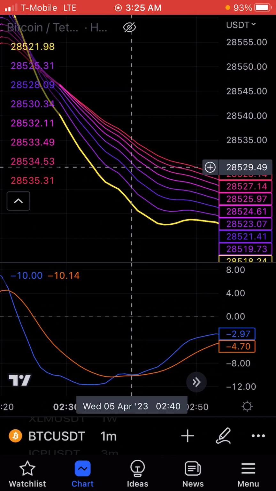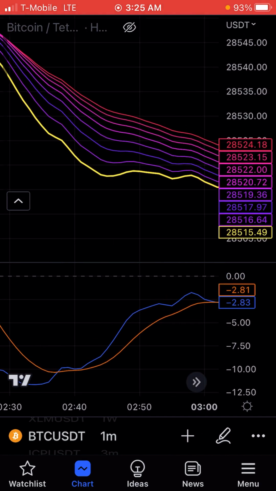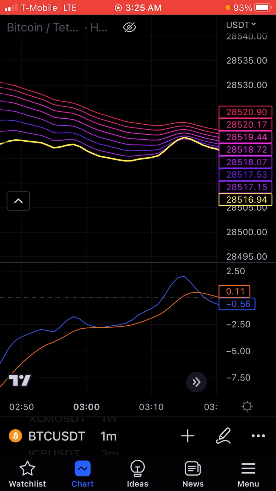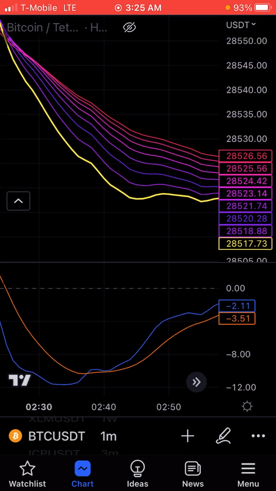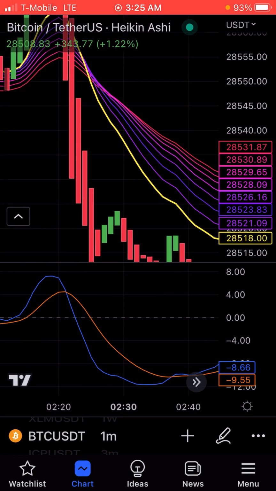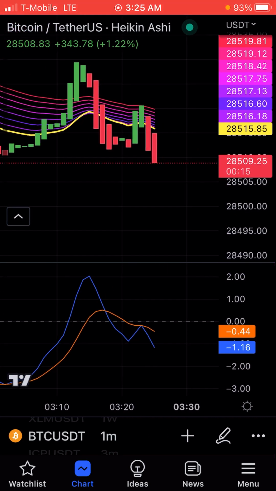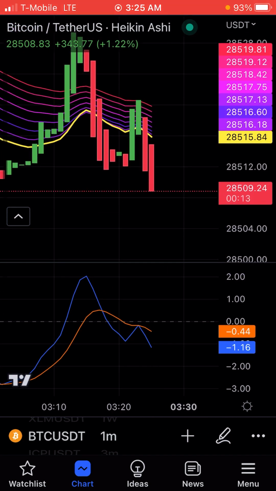From here all the way down here, we can tell the direction it's going right now. Once you have all your EMAs set up, from the time it crossed, it's been going down. It is on a downtrend. It's trying to go back up, but overall, at least on the minute chart, it is going down.